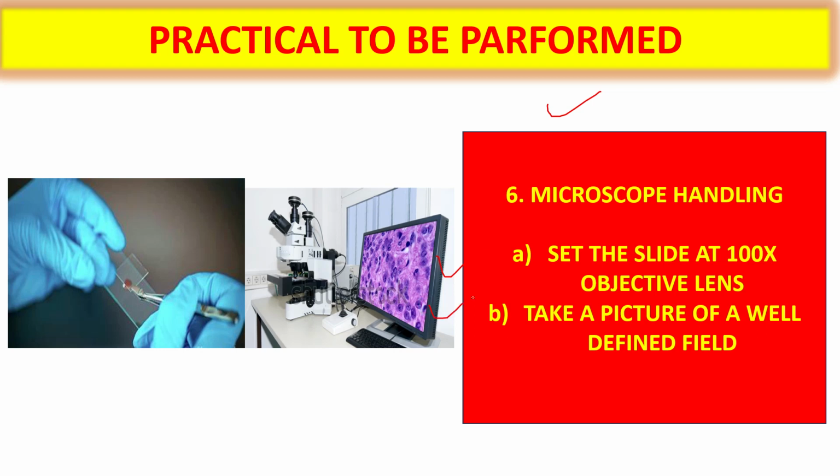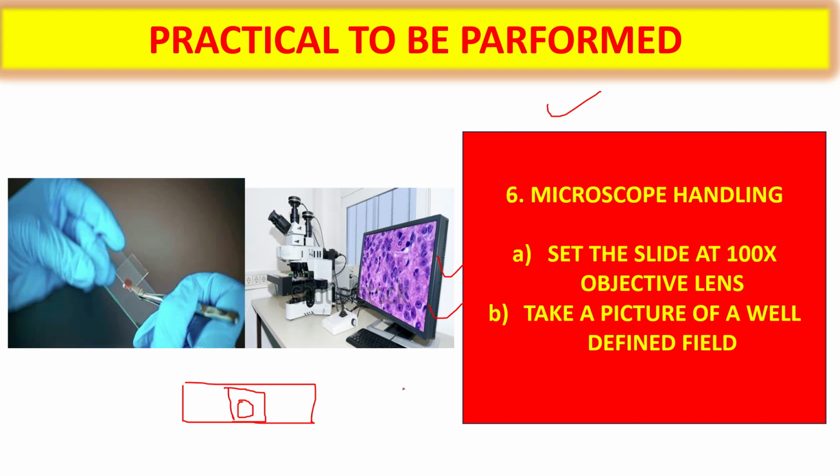So at first we have to take the slide and cover the smear with a cover slip, and after that we have to add oil for oil immersion, because here 100x is instructed. So after that we have to set or focus the knob in the microscope and take a well defined picture for a suitable field.